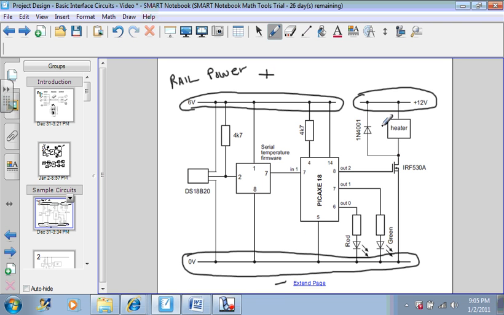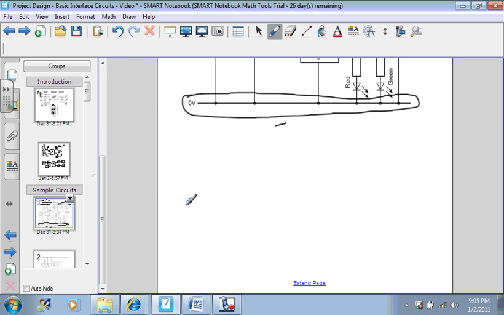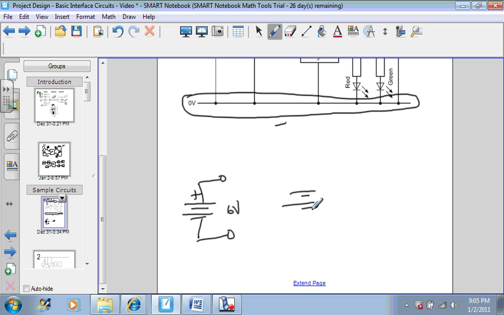And notice that this solution requires not one, but two power supplies. So this rail represents a 6-volt power supply, and this rail represents a 12-volt power supply. So in actuality, you have two power supplies that are needed for this project. You need a power supply that delivers 6 volts, and you need another power supply that delivers 12 volts.